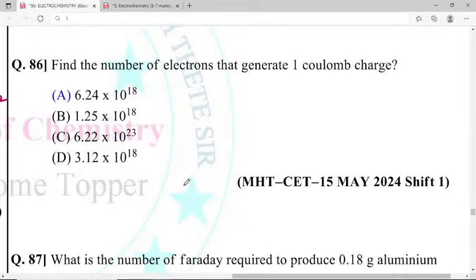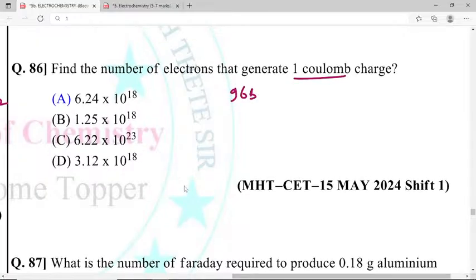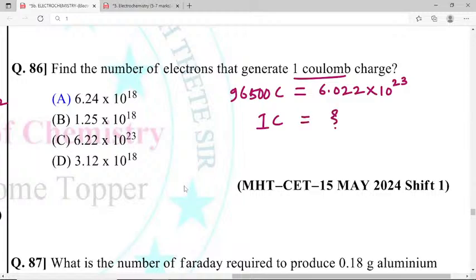Find the number of electrons that generate 1 coulomb charge. So 96500 coulombs is equal to 6.022 into 10 to power 23. Okay. So 1 coulomb is equal to question mark. So 1 multiplied by 6.022 into 10 to power 23, and this whole divided by 96500.